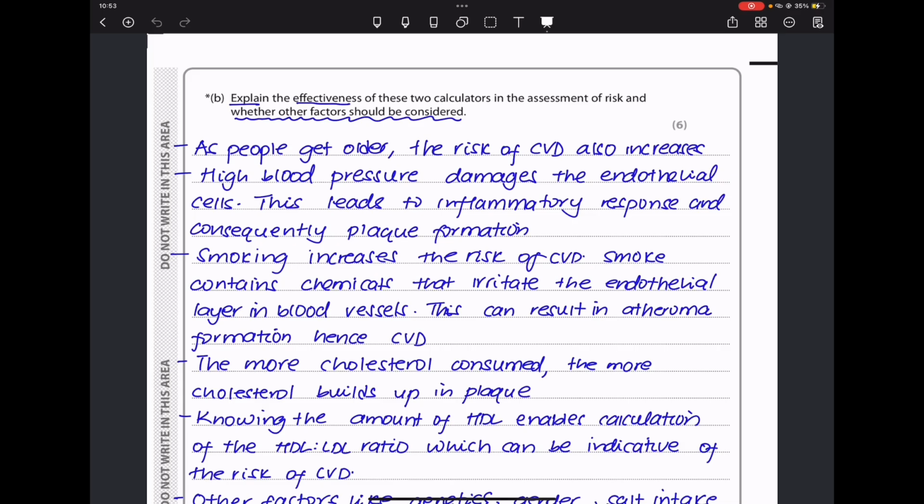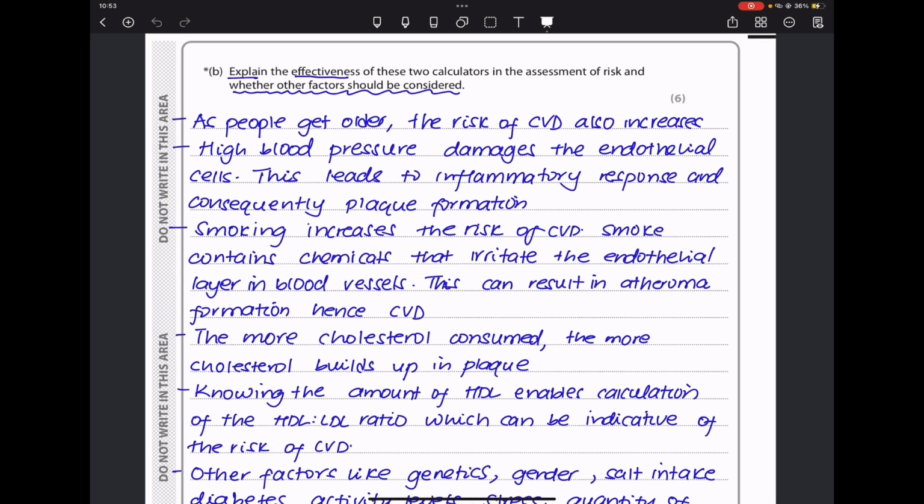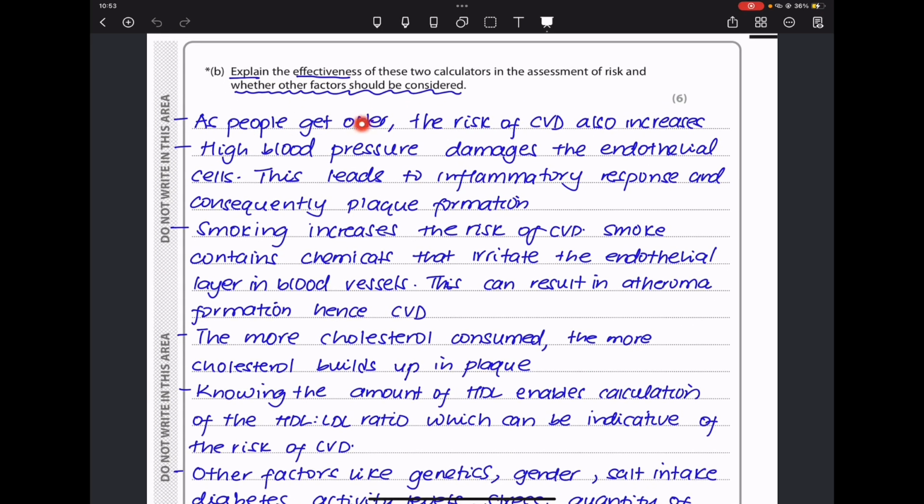So they say explain the effectiveness of these 2 calculators in the assessment of risk and whether other factors should be considered. So for age, as people get older, the risk of CVD also increases. And then for blood pressure, high blood pressure damages the endothelial cells, and this leads to inflammatory response and consequently plaque formation.